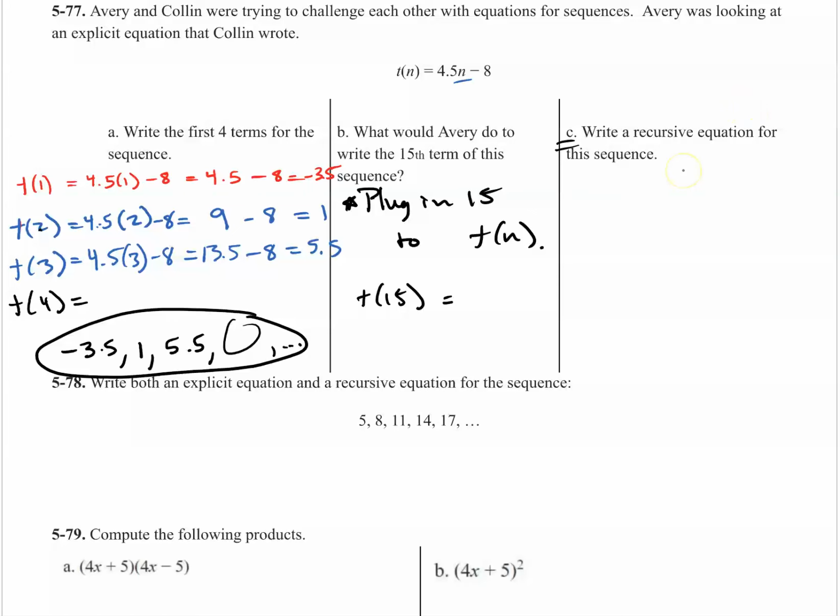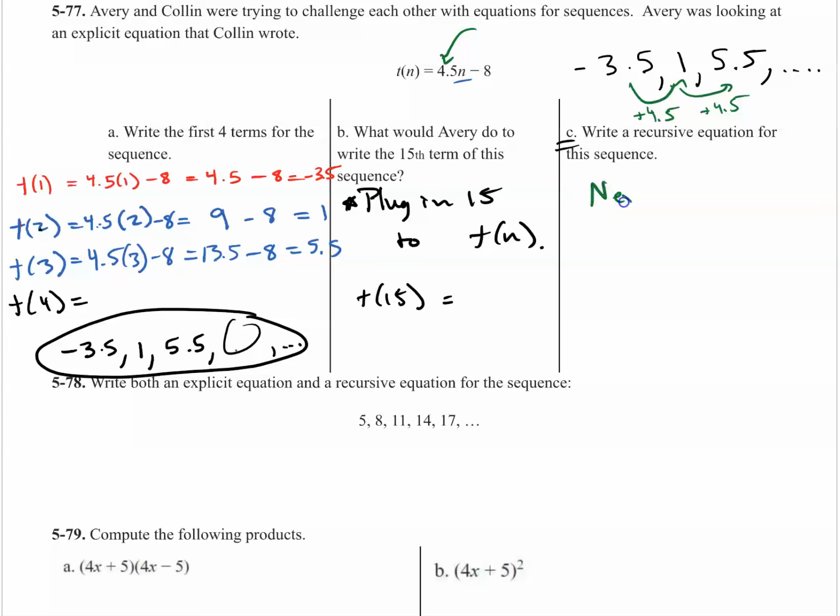How do we write a recursive equation? Well, let's look at our list, our sequence. Make sure you find the 4th number. Okay, so to go from the first term to the second term, you add 4.5, right? And that makes sense because that is the common difference. 1 plus 4.5 gets you 5.5.